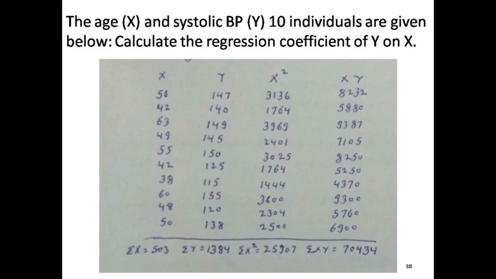For summation x square, first I have made 56 square, that is 3136. Then the square of 42, that will be 1764. Then the square of 63, 3969.